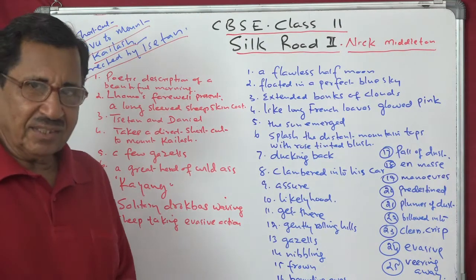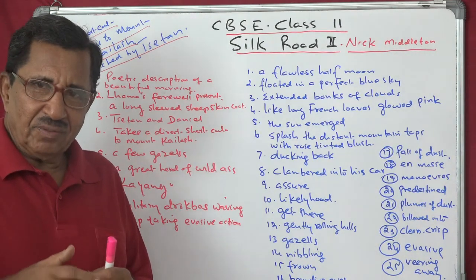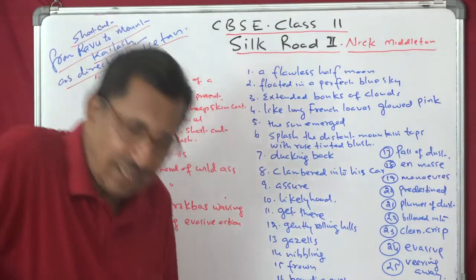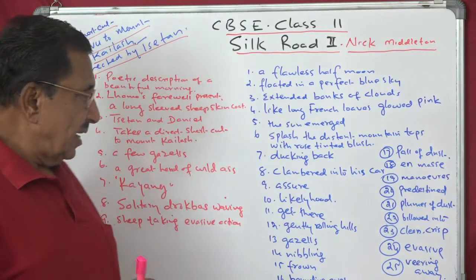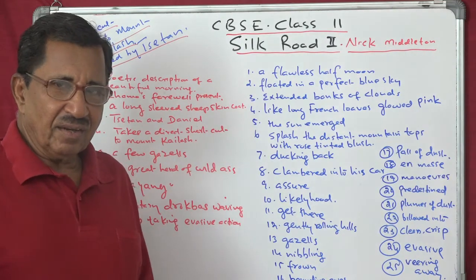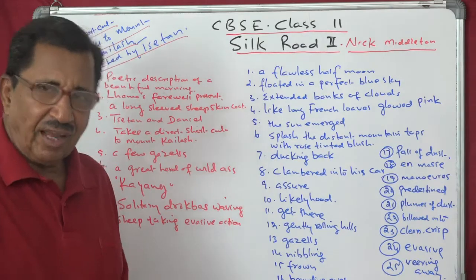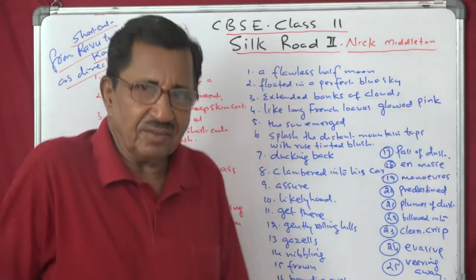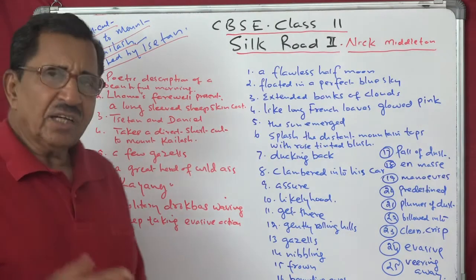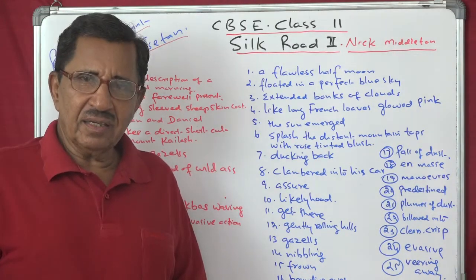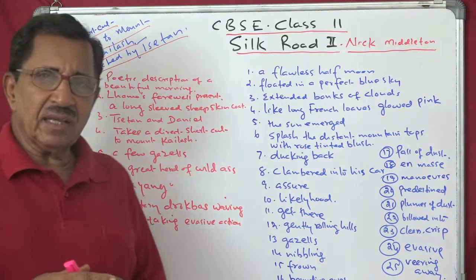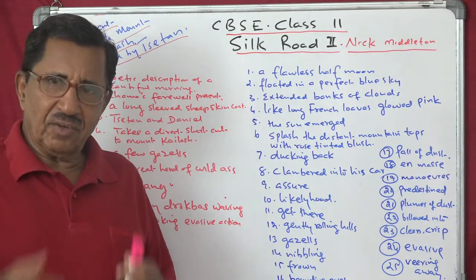Ducking back means to get back, with bends like this. This is ducking back. And then clambered into his car. With difficulty he climbed. Clamber like this. Assure: I assure you means I am certain that it will happen, to say that something will surely happen.